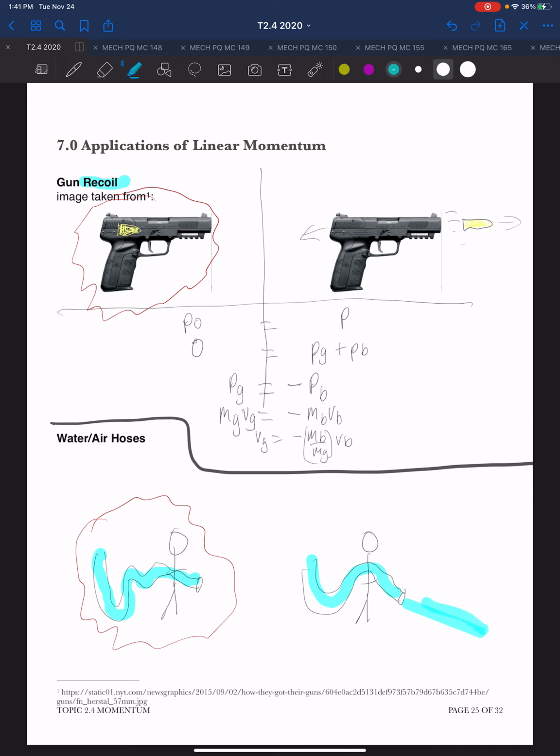And so we have a change in velocity of the water in this direction, which must result then in a change in velocity of the person and the hose. And the momentum change on the part of the water is going to be equal and opposite to the change in momentum of the person and the hose.